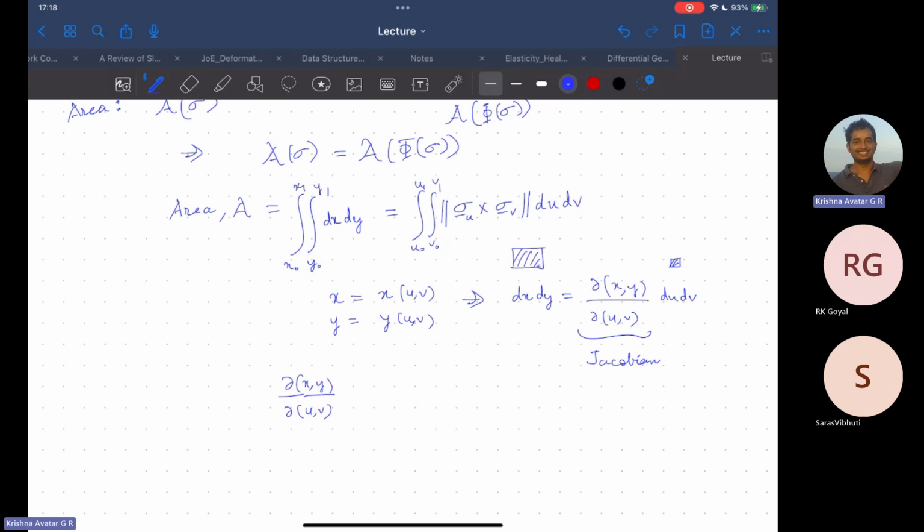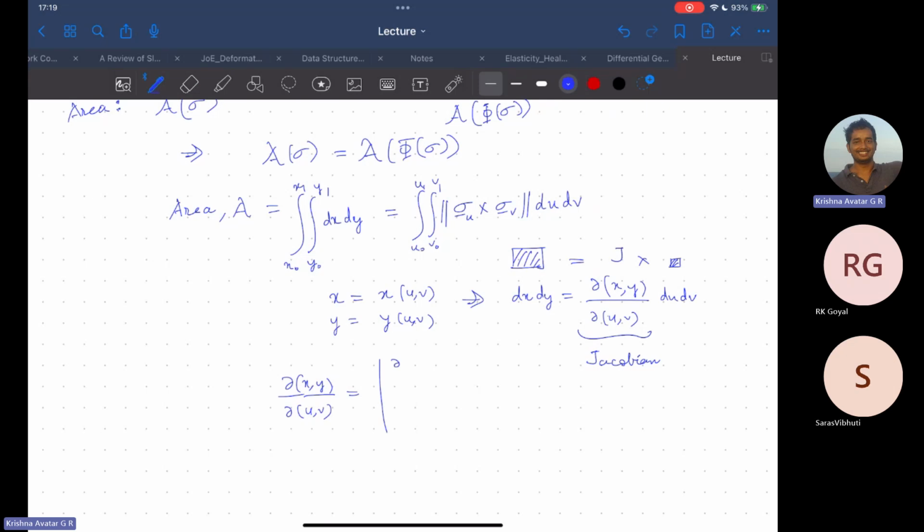So this Jacobian J here will multiply with du dv to give us the area in dx dy. So that's what we mean. A small element in dx dy is related to a small element in the uv plane due to this J factor here.